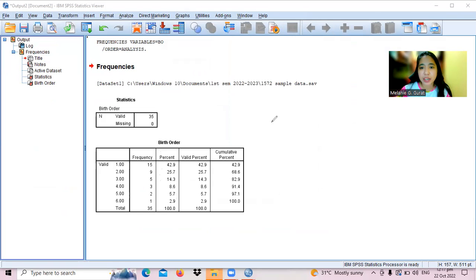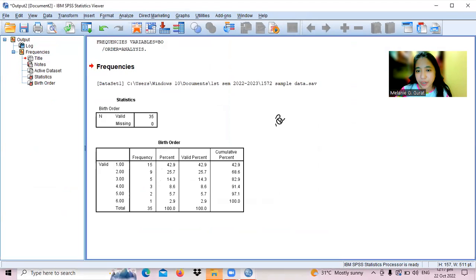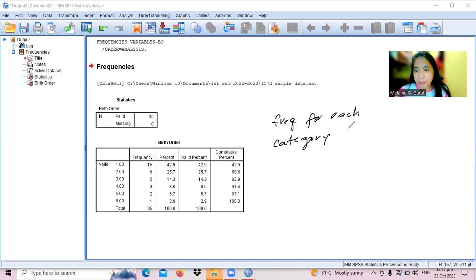If we will be using inferential statistics, the frequency for each category must be at least 5.